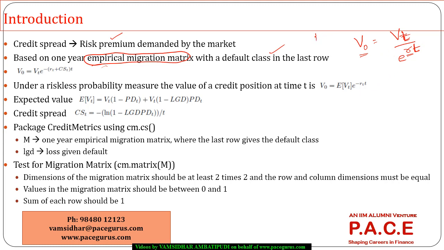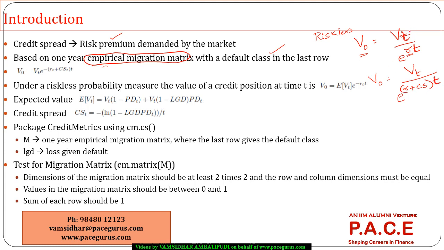This is in the case of a riskless security. But if I'm talking about a risky security, I'll discount the value of this particular security by e to the power of (r plus credit spread) times t.